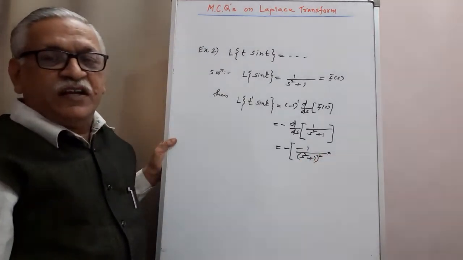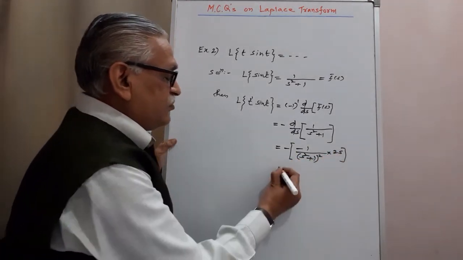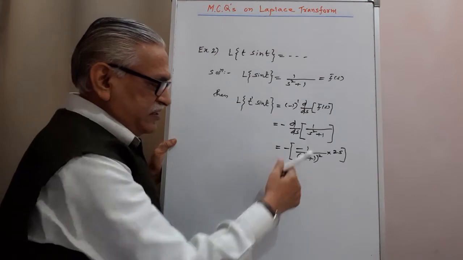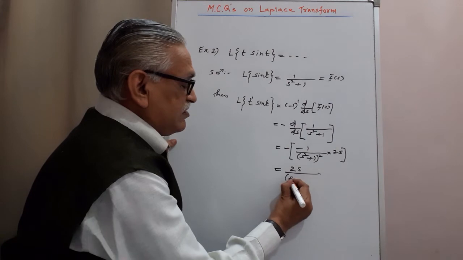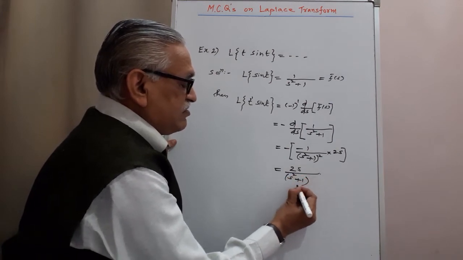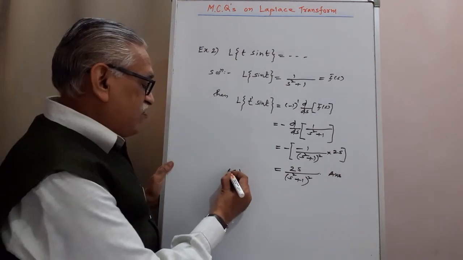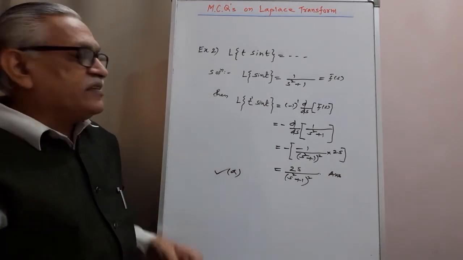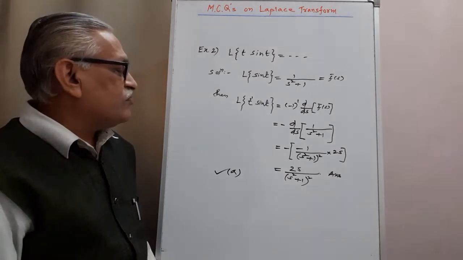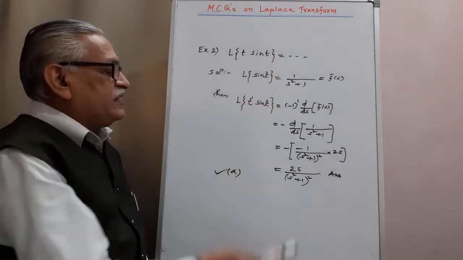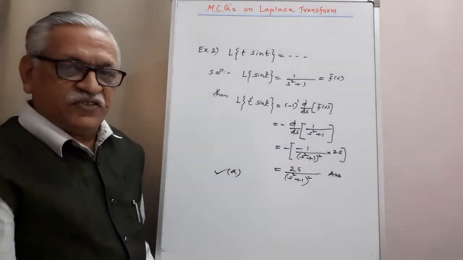Applying the chain rule, the differentiation of s square is 2s, and therefore this minus and that minus become plus, giving 2s divided by s square plus 1 whole square as the answer. Option A is the correct option. Therefore, Laplace of t sin t is 2s upon s square plus 1 bracket square.